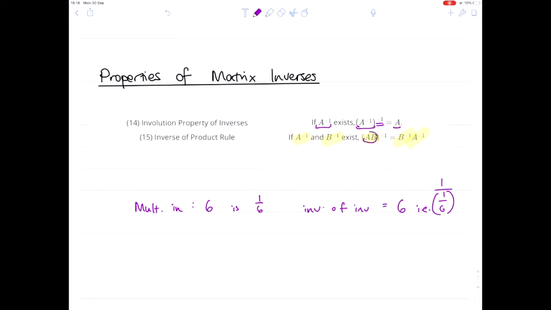The inverse of A times B is the inverse of B times the inverse of A. You could actually prove that for yourself if you wanted, but it's worthwhile just remembering. So this is important. This is part of the whole idea that matrix multiplication is not commutative.